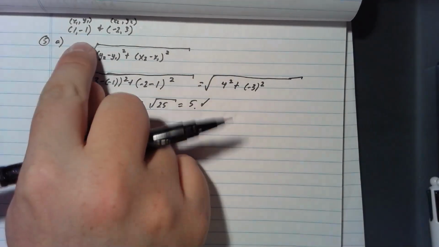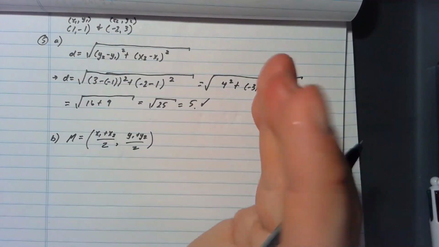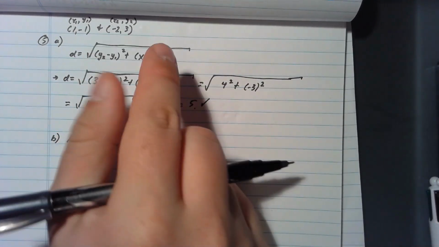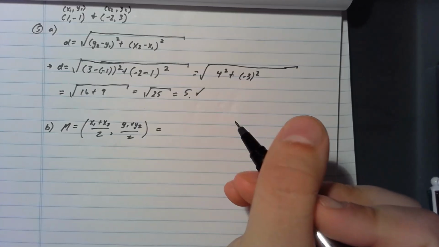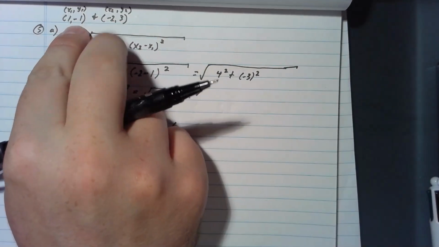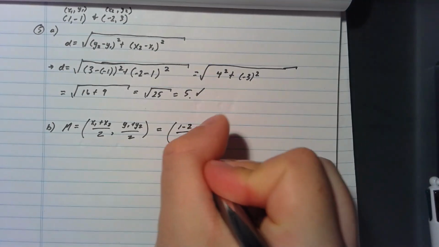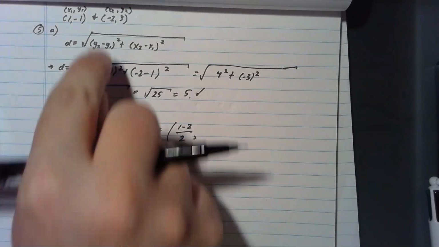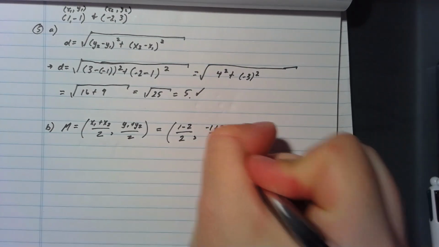All right, so if you made the equation of the line between these two ordered pairs, which you know how to do from Math 105, the midpoint, which is the center point, is found by this formula. So that's easy. So x1 plus x2, so that's the average of the x coordinates, so it's 1 plus -2, which is 1 minus 2 over 2, comma y1 plus y2, so that's -1 plus 3 all over 2.